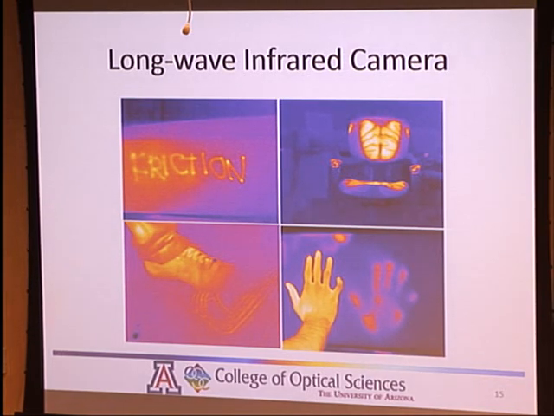Things that may be invisible at the visible wavelengths would be readily apparent in the infrared. So obviously there's military applications for this, or things like you can detect things behind walls in your house, like leaky pipes and that type of thing.